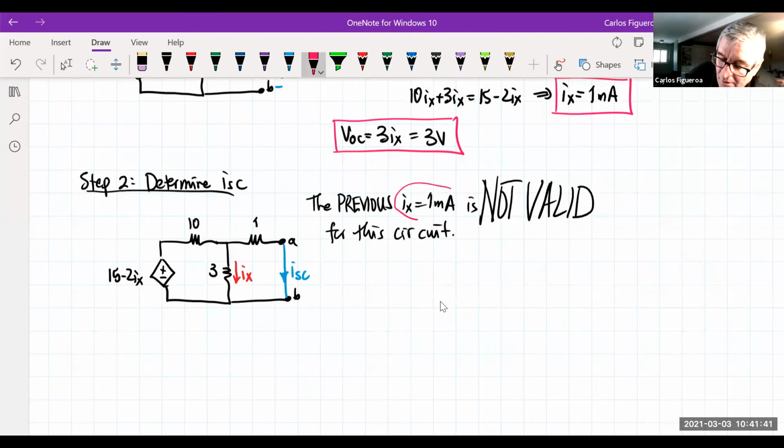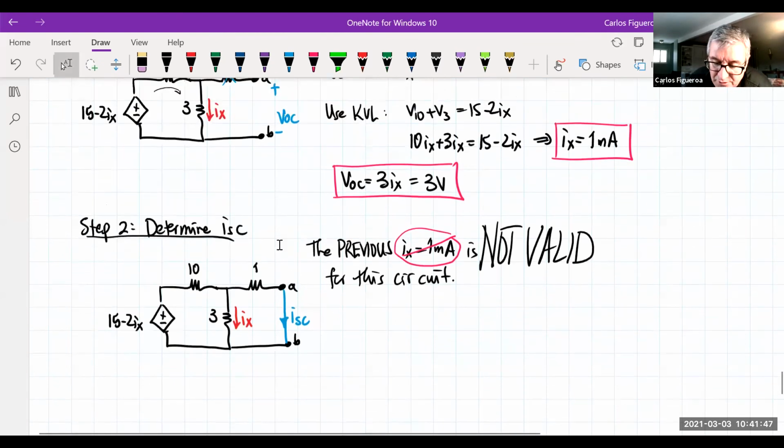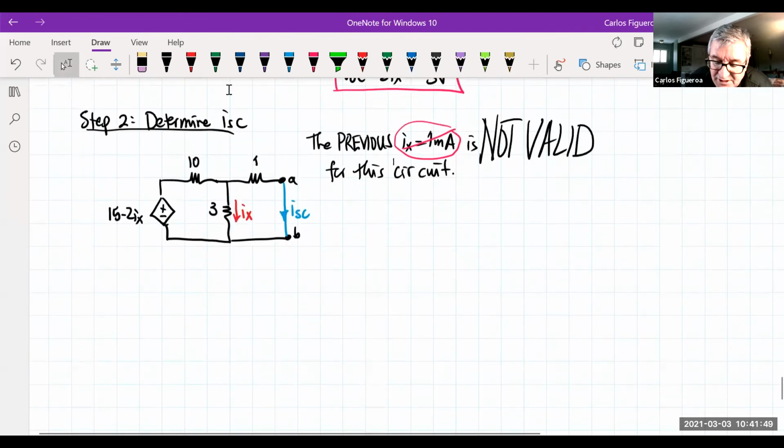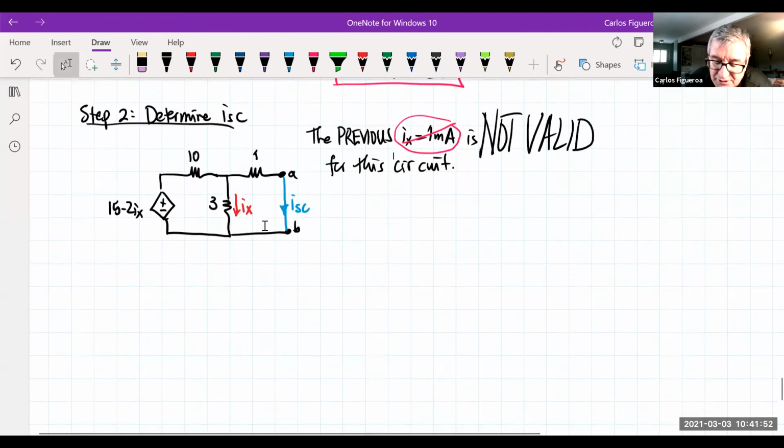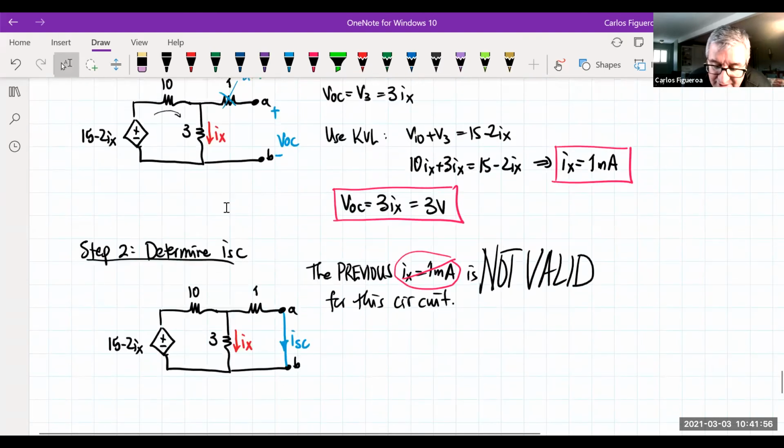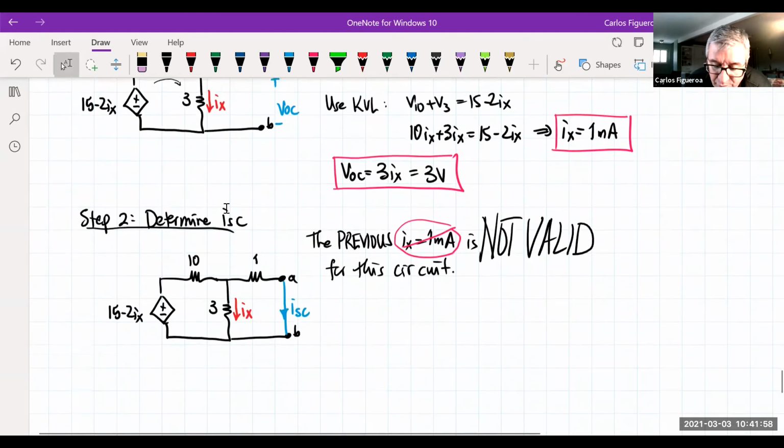This is a no-no. Why is that a no-no? Look how this circuit has a short, this guy has an open. They're two completely different circuits. So this Ix is different than that Ix right there.